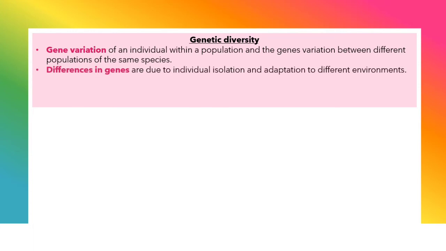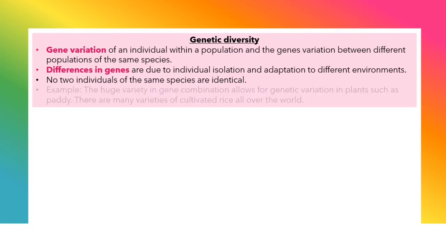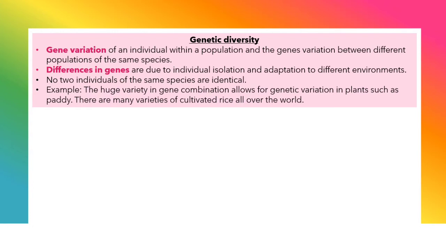Differences in genes are due to individual isolation and adaptation to different environments. No two individuals of the same species are identical. For example, the huge variety in gene combinations allows for genetic variation in plants such as paddy. There are many varieties of cultivated rice all over the world.